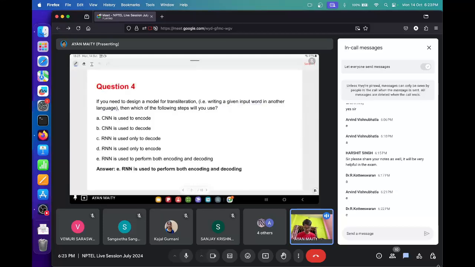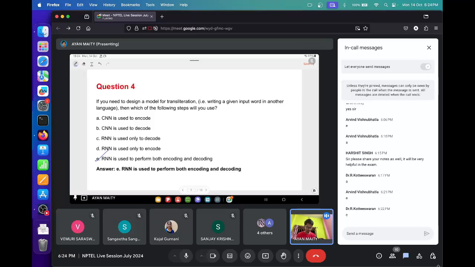So the correct answer here is option E, that RNN is used to perform both encoding and decoding. The task of transliteration is to write a given word in some other language.